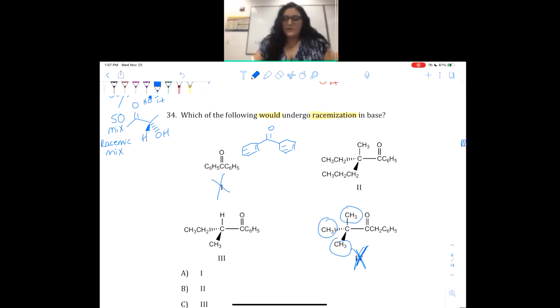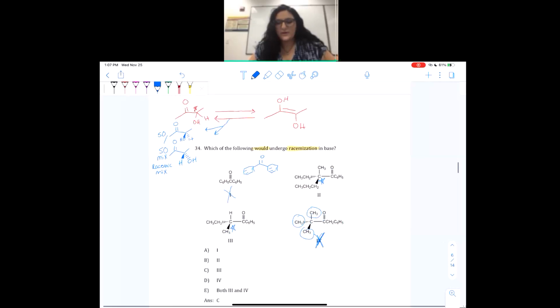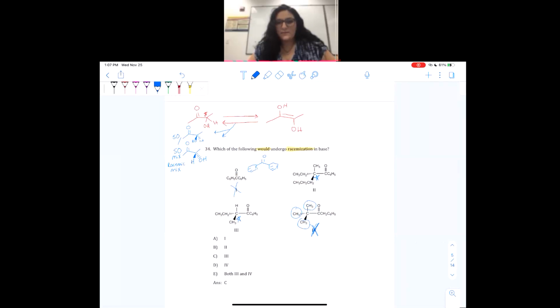All right, so now we know that both of these are chiral, so can both of these be our answer? No. Okay, why not? You're correct, but why not? I'll zoom out so you can see the reaction as well. What do we need besides chirality in order to go from this to this?